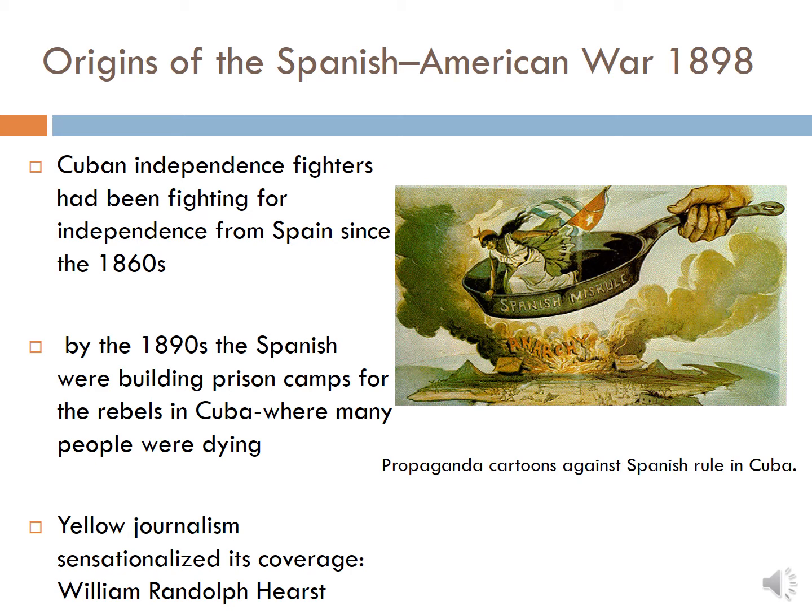Now, during this time period, print journalism was king, right? There is no television, there's no radio. Basically, it was newspapers. That's where you got your news. And so newspapers would often compete with each other to try to sensationalize stories in order to get readership, right? Because people wanted to read things that were sensational.